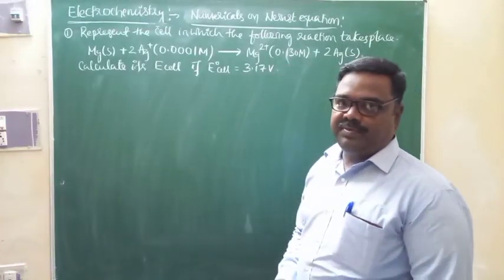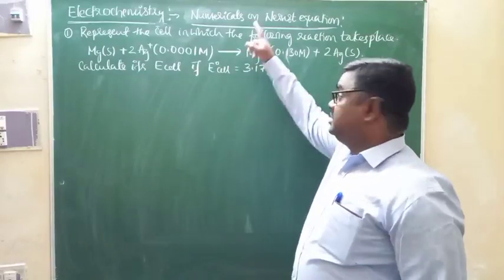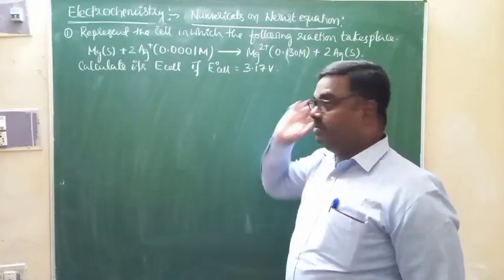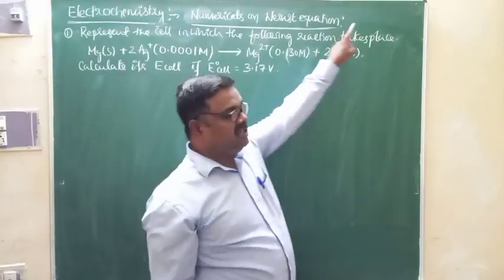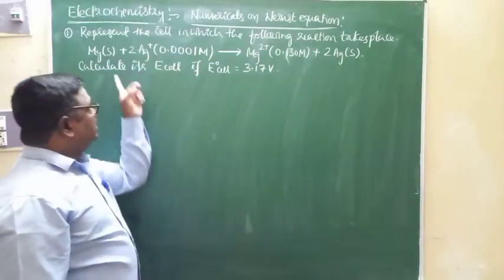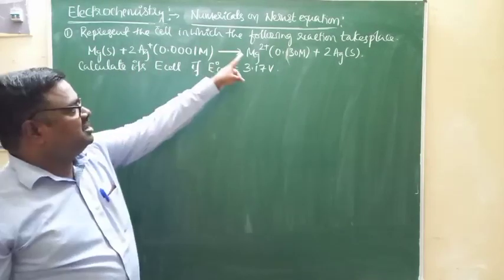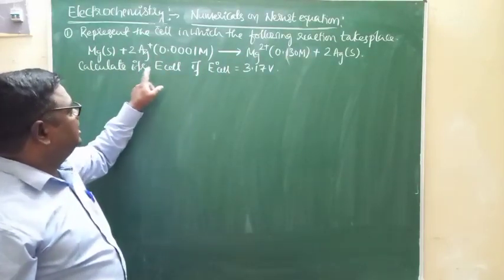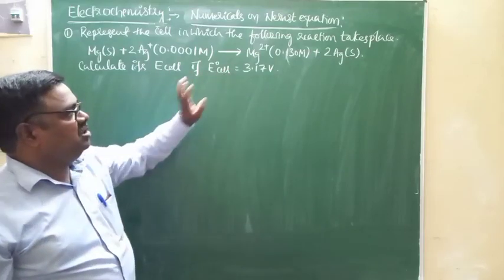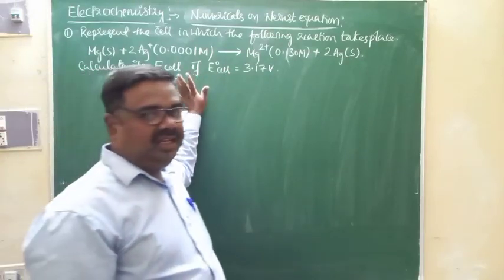Let us see the first problem, numericals on the Nernst equation. Represent the cell in which the following reaction takes place. In the cell reaction, magnesium is oxidized and silver ions are reduced. Calculate its E of cell if E naught of cell is 3.17 volts.